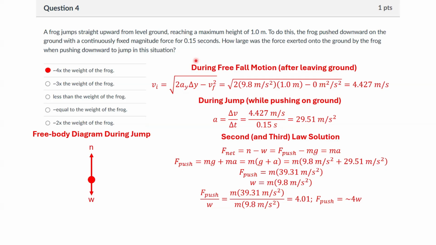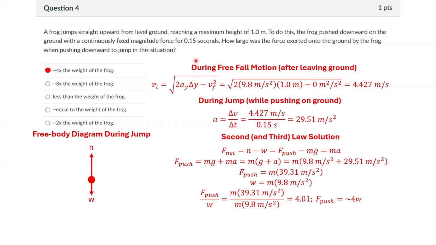If we know the acceleration during that brief time window, we will know the net force during that time window. And if we know the net force during that time window, we can draw a free body diagram, look at all of the forces, and determine potentially the size of all the individual forces. One of those forces will be between the ground and the frog. We can use Newton's third law to say if the ground pushes the frog up, that must equal the force that the frog pushed the ground down with.